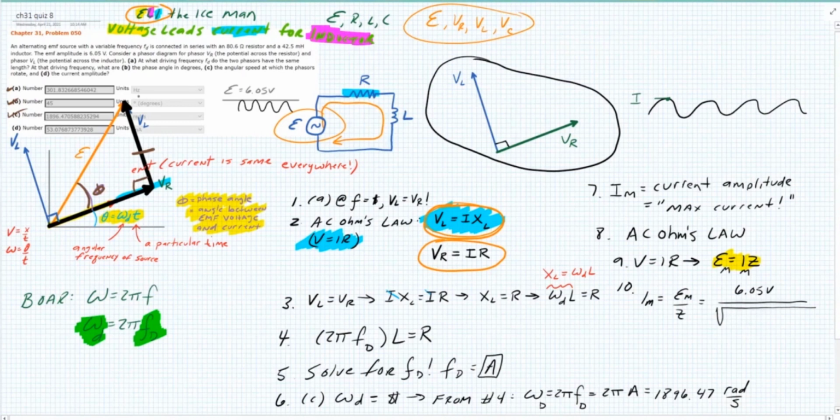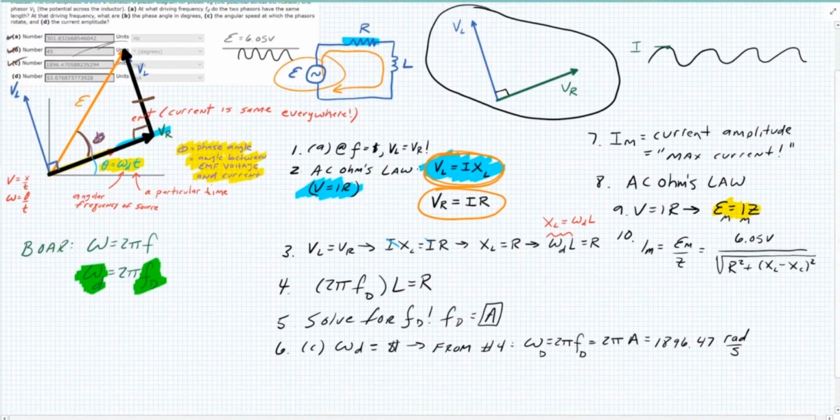It was based on the Pythagorean theorem. It's R squared plus (XL minus XC) squared. I'm going to move some things out of the way. There is no capacitor here, so this suddenly got a lot easier.